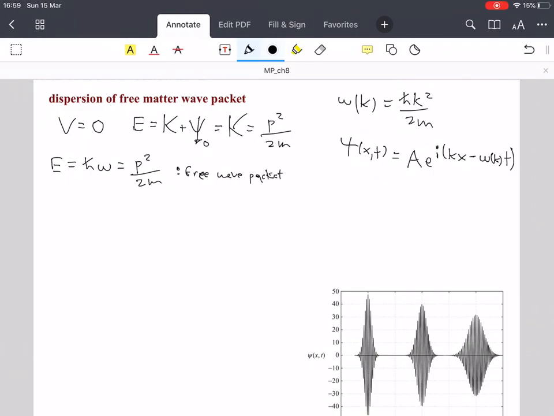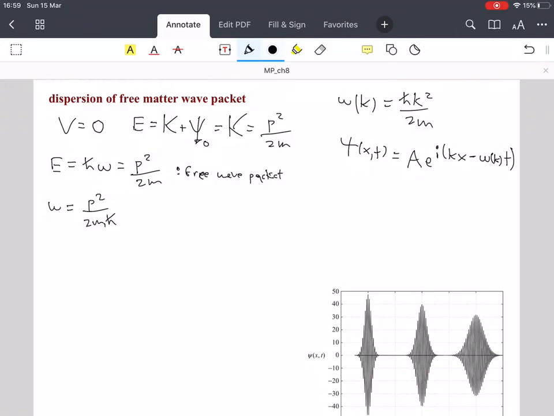All right, and that's fine. Now we can write that as omega is equal to p squared over 2m h bar.